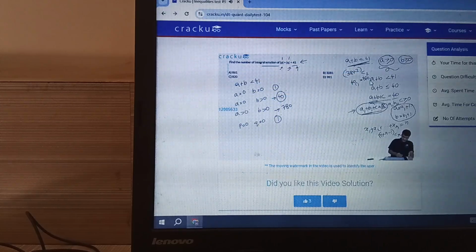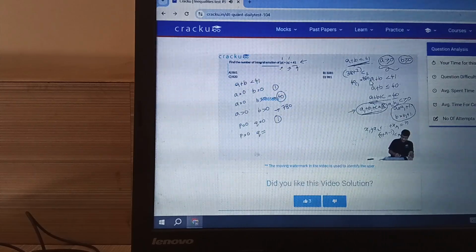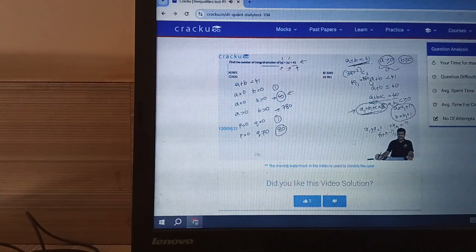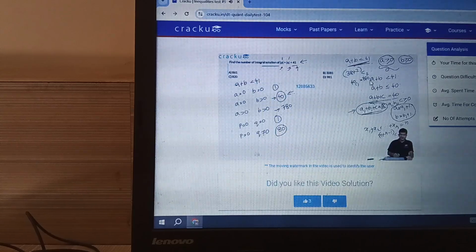Now when p is equal to 0 and q is not equal to 0, this will have a total of 80 solutions, because when q is greater than 0 we have 40 solutions, and we'll have the exact same solutions when q is less than 0.